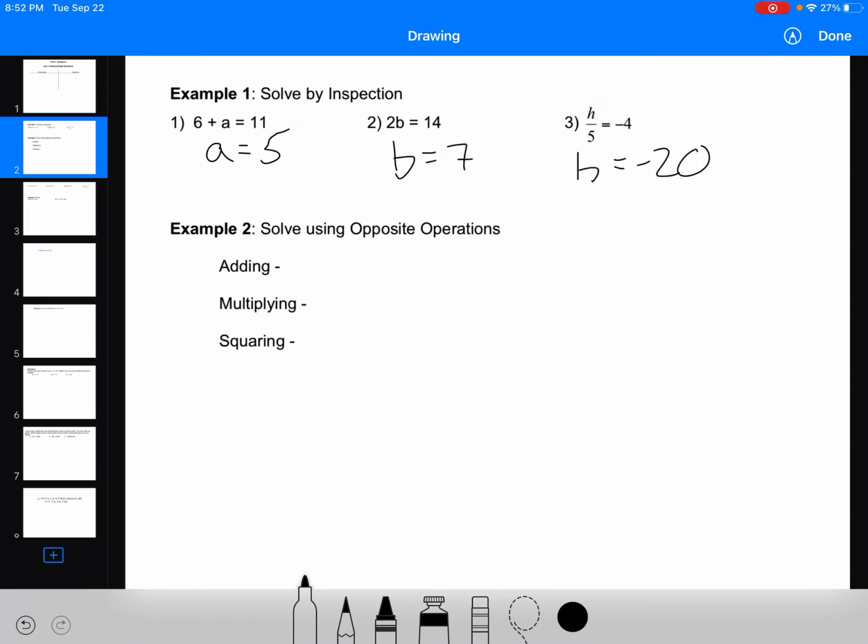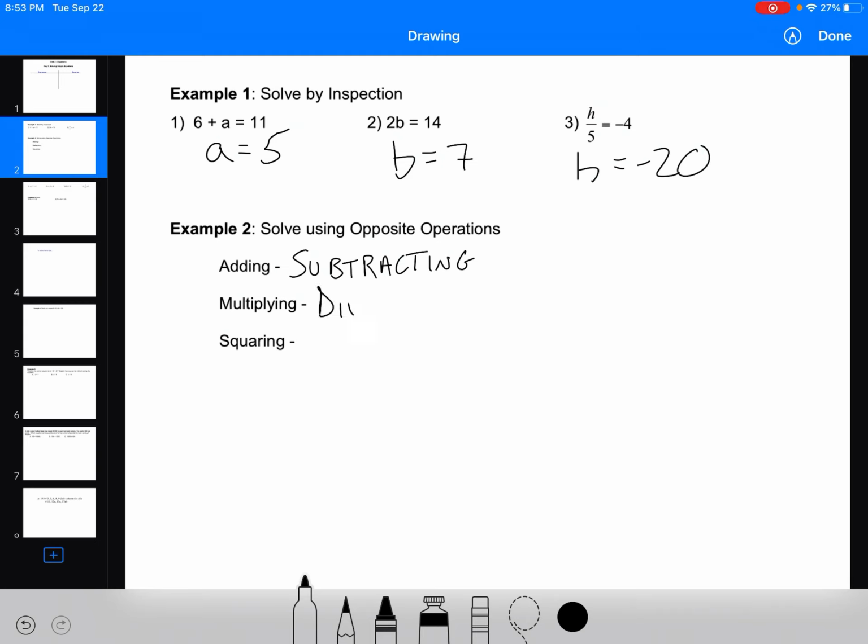That's perfect. Okay, so what we actually need to start thinking about, though, is solving using the opposite operations. When we're talking about adding, the opposite of adding is subtracting. The opposite of subtracting is adding. So we're just going back and forth.